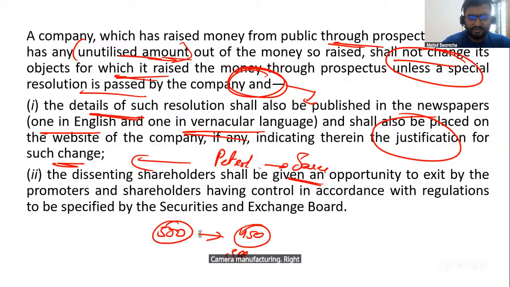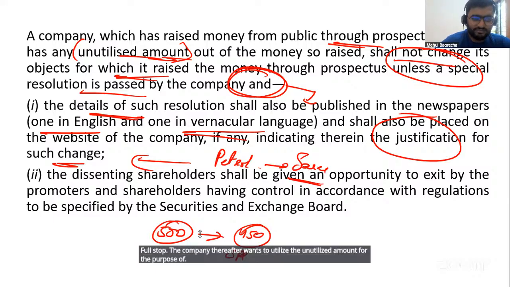Everybody has to write it down. Full stop. The company thereafter wants to utilize the unutilized amount for the purpose of saree manufacturing.